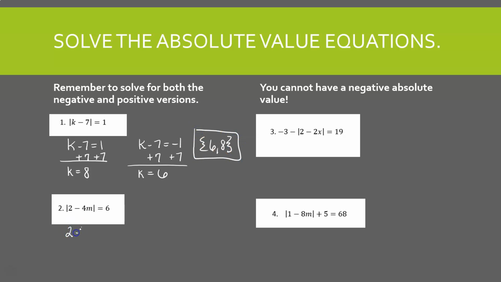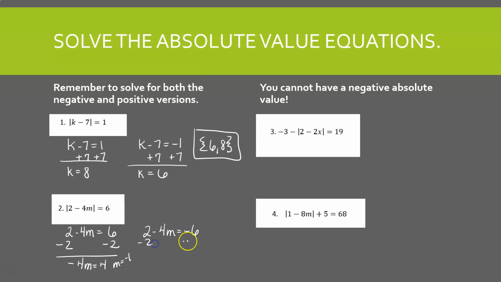Here I have 2 minus 4m equals 6, and 2 minus 4m equals negative 6. So I'm going to subtract 2. I have negative 4m equals 4. After I divide each side by 4, I have negative 1 over here.